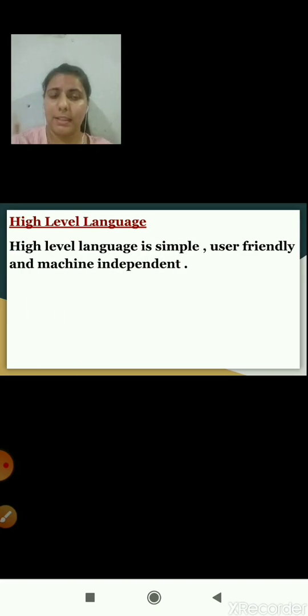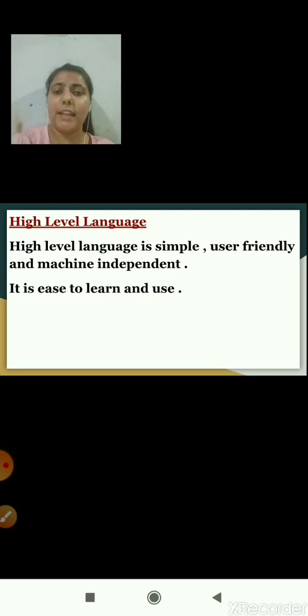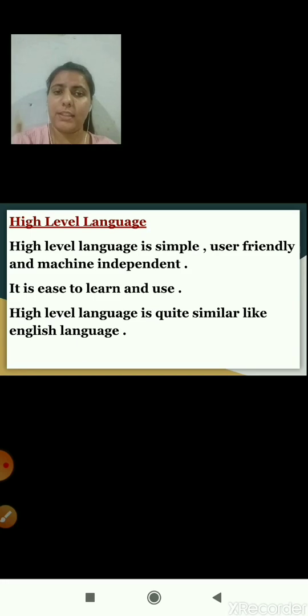It is simple, user friendly and machine independent. It is easy to learn and use. High level language is quite similar to the English language. Examples: BASIC, C, C++ and Java, etc.